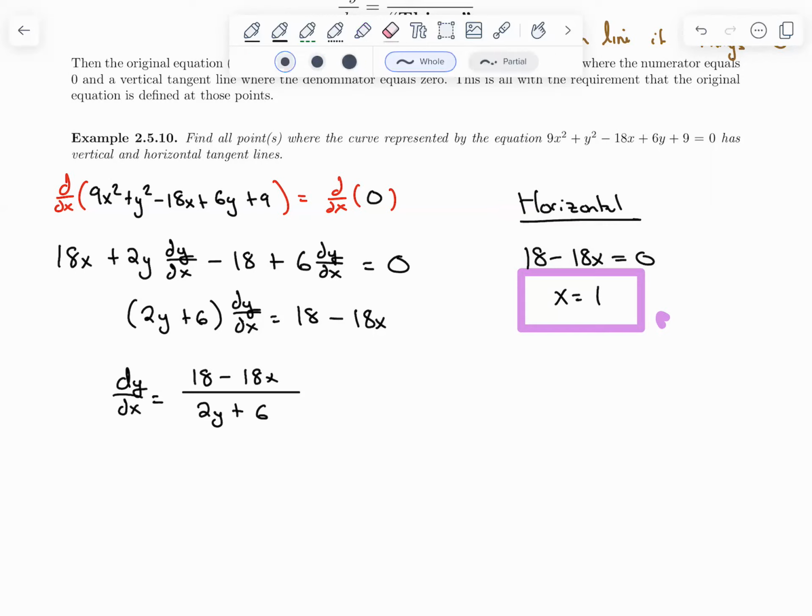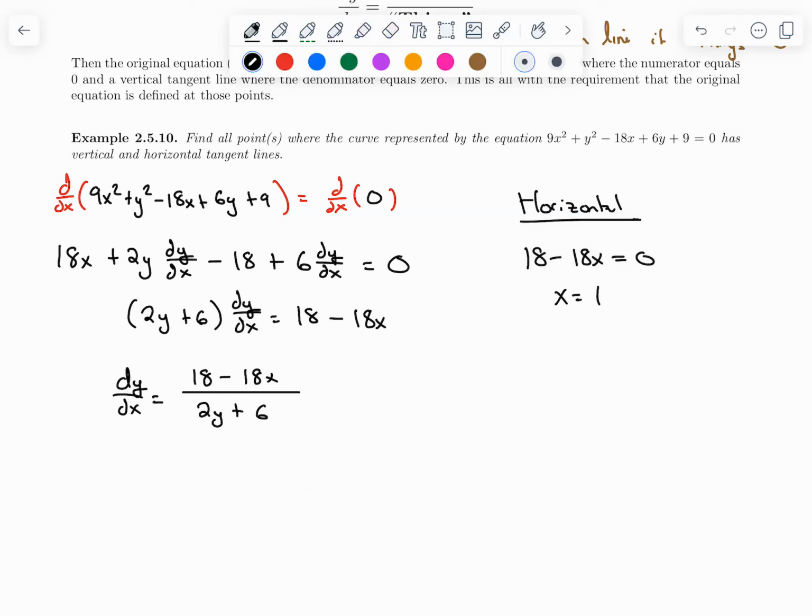But wait a minute, I can't plug it into a function. Yes, I can. I can plug it into the equation. What an equation is, it's a set of all the points that satisfy that. So if we know this is the x value that satisfies this equation, we can plug it in and solve for y, hopefully. Sometimes you can, sometimes you can't. For everything that we'll encounter, there will be a way.